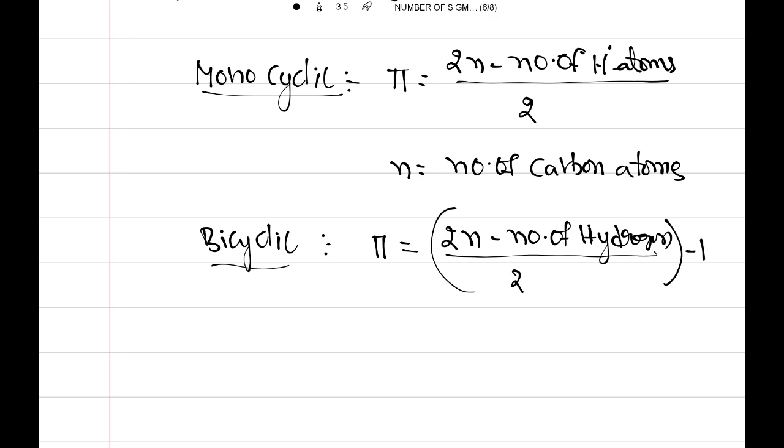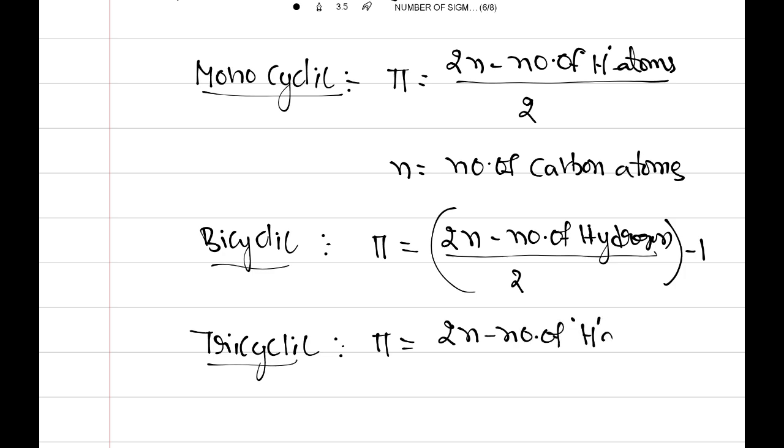And if you take a tricyclic compound, how do we find the number of pi bonds? The number of pi bonds is equal to (2n minus the number of hydrogen atoms) divided by 2, minus 2. This is the formula for the number of pi bonds in monocyclic, bicyclic and tricyclic compounds.